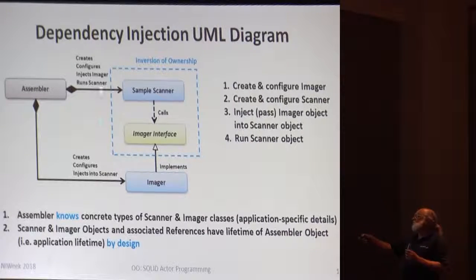These guys are decoupled through a well-defined interface, so they statically don't depend on each other and can be used separately, reused separately. That's pretty much it, except one thing that is really important to LabVIEW developers. The assembler object has the lifetime of the entire application. It doesn't go out of memory until the application finishes because it is the application.